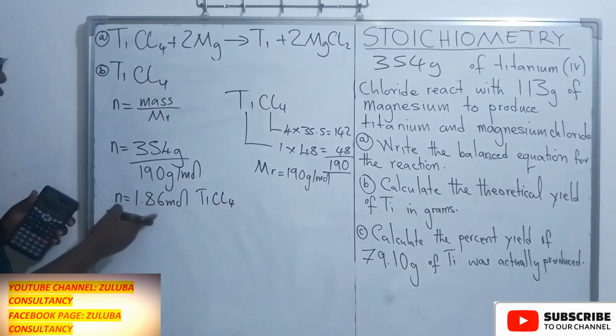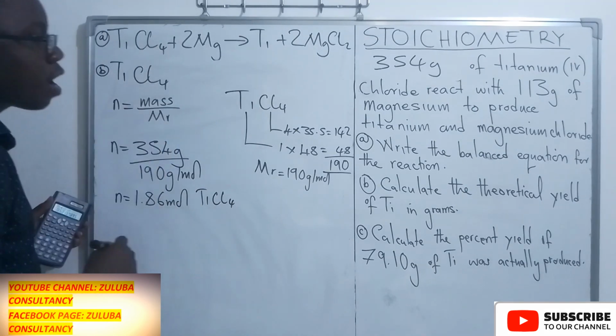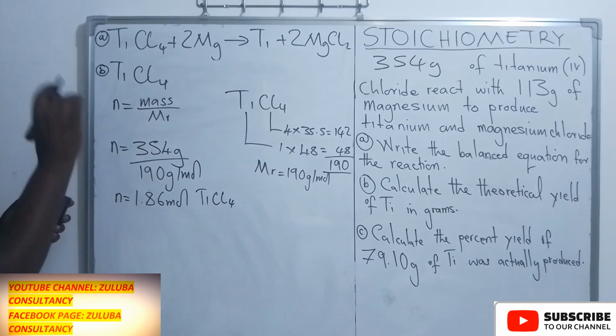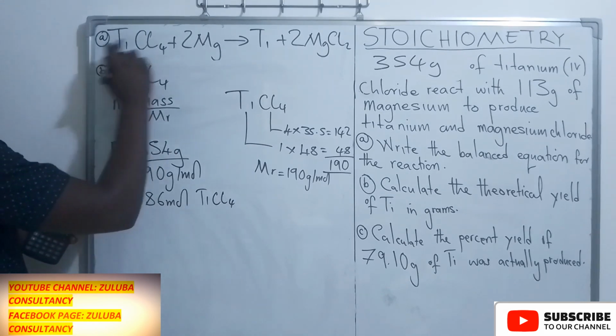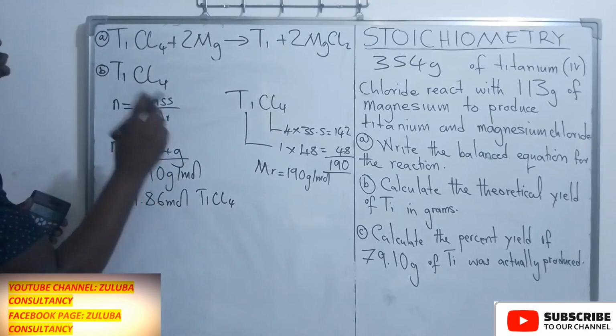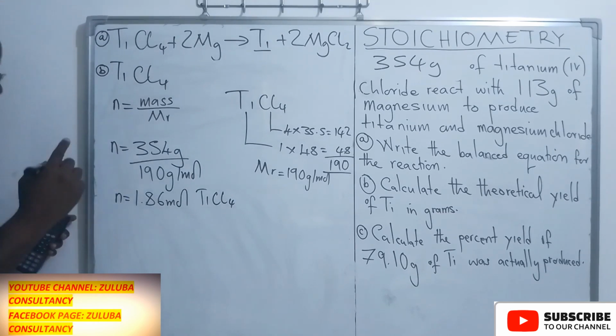So these are the available moles when 354 grams is used. At this point, we can use the mole ratio from the balanced equation to see the number of moles of titanium that can be produced.